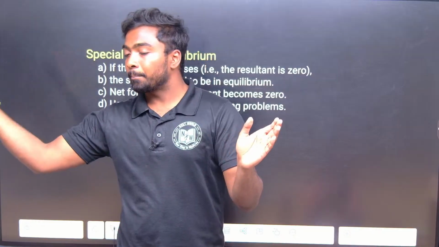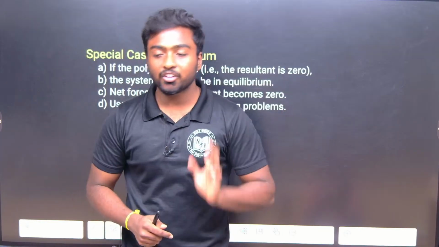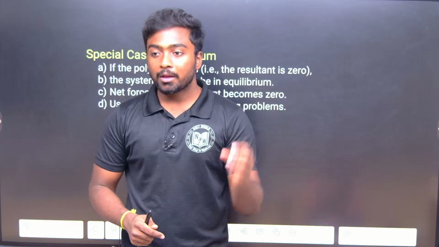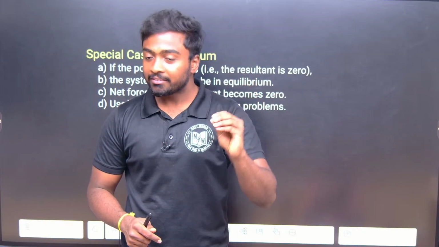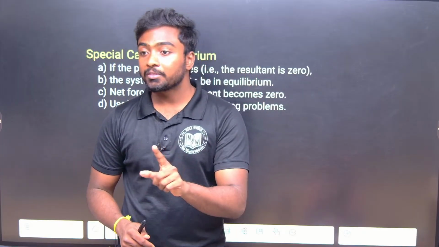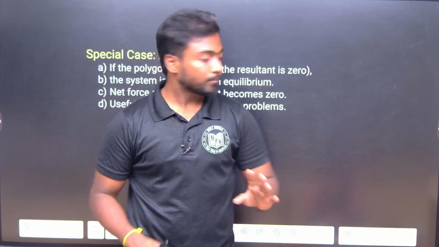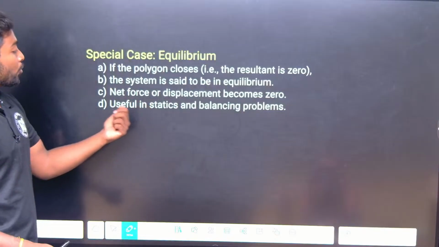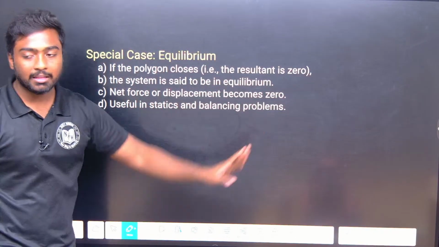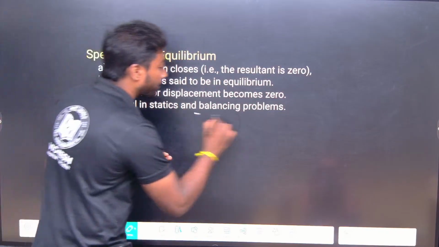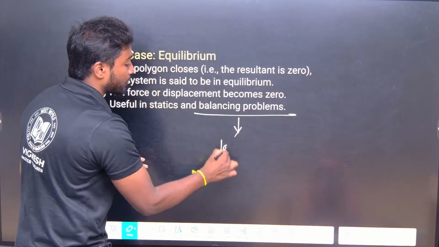If I come from B to A again, what is the displacement? 0. If I start and end at the same point, displacement is 0, but distance will not be 0. I have travelled somewhere. Now, net force is useful in statics, balancing the problems. This balancing of problems we will see in laws of motion.